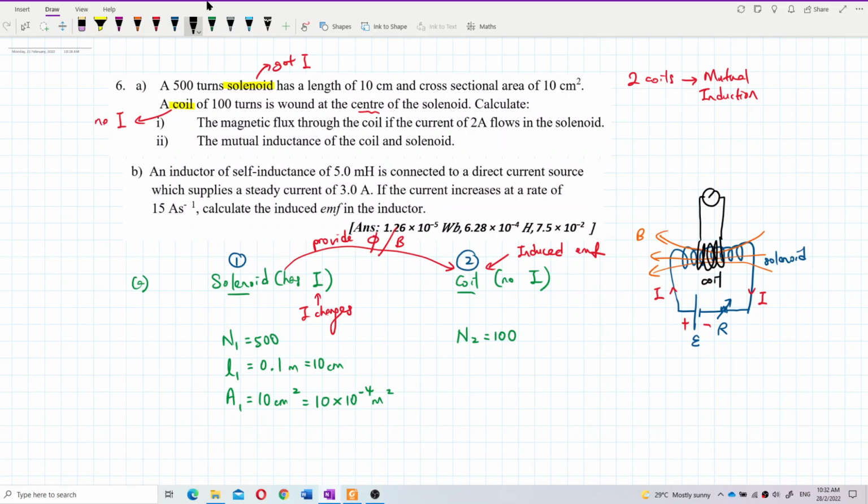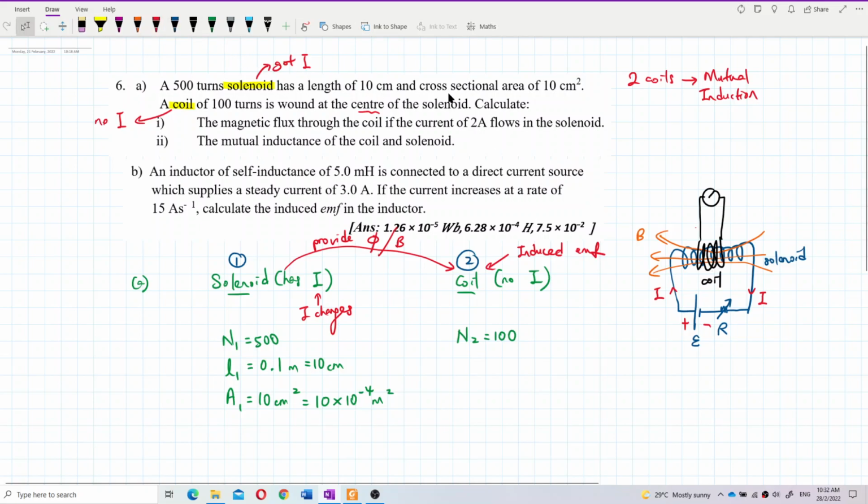The one that has current is the solenoid, and the coil is the one that receives the magnetic field or magnetic flux from the solenoid. So there will be induced EMF and induced current in the coil.